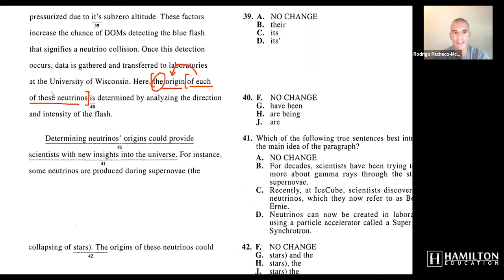So if we selected neutrinos as the subject, we're going to misconjugate the verb because neutrinos is plural, but origin is singular. So we would say the origin is determined. The origin is determined. That's why F is our correct answer. We can't say the origin have. We can't say the origin are, being, or are, right? So there are subject-verb agreement issues with the other answer choices.